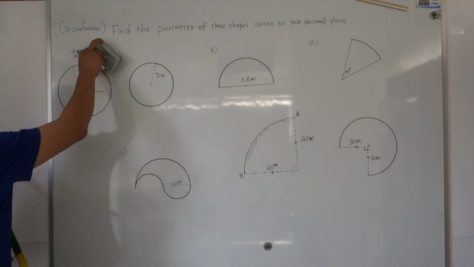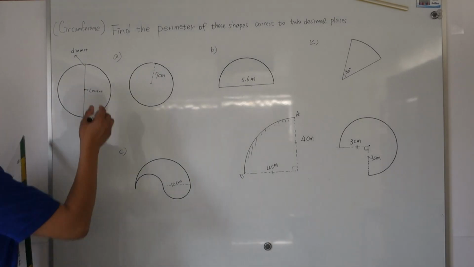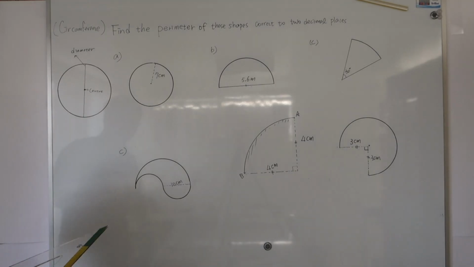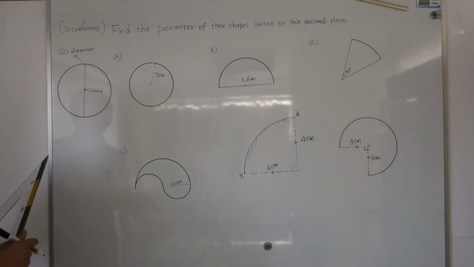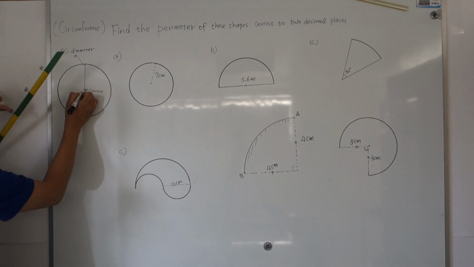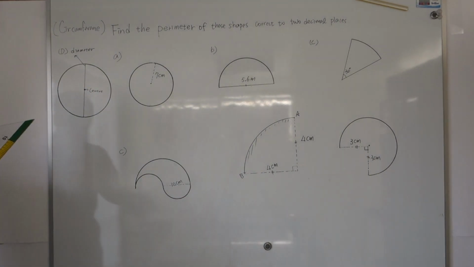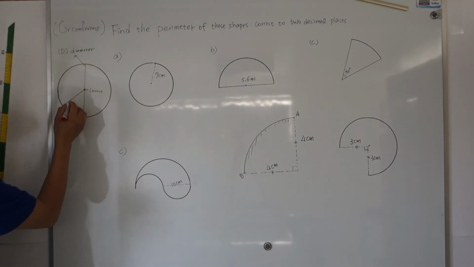D-I-A-M-E-T-E-R, or E-R, it's okay. We use a capital D as the symbol. And if the line only starts from the center and touches the circumference, this one we call it radius.